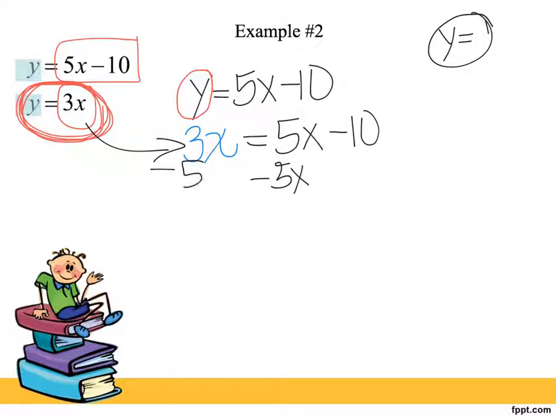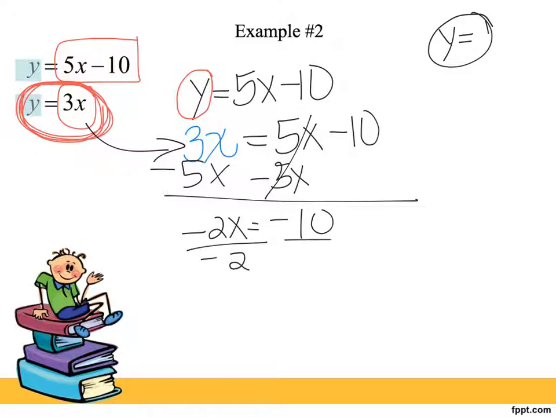I subtract 5x. So I have negative 2x equals negative 10, excuse me. Divide by negative 2. And I have x equals 5. So far, I have my x coordinate. And now I deal with my y. I'm going to pick any equation I want as long as it's the original. So maybe I'll do y equals 5x minus 10.